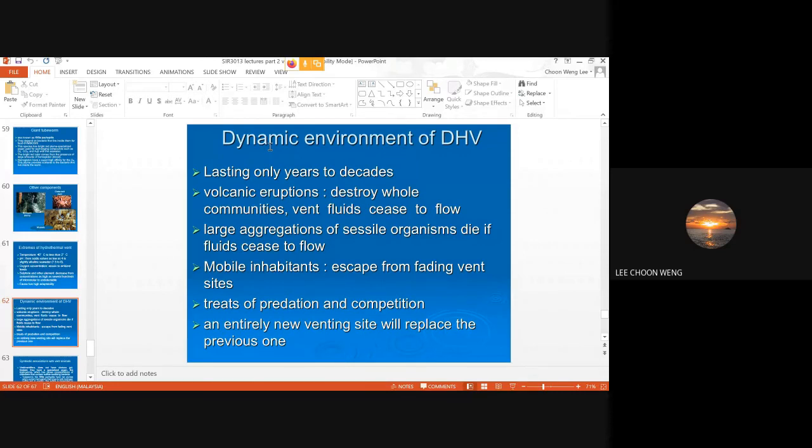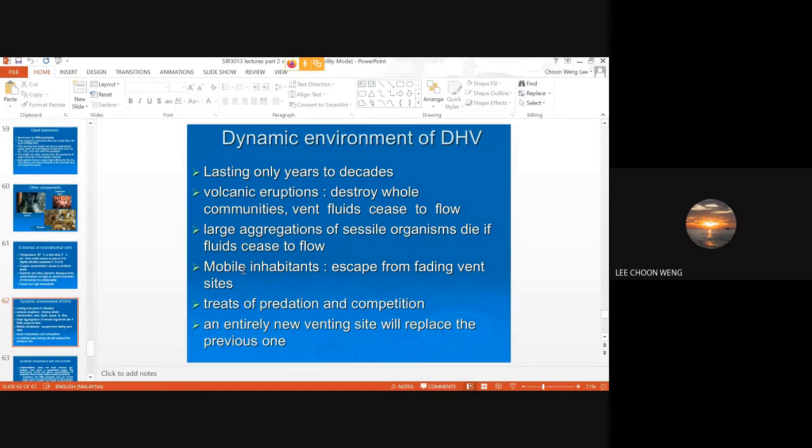Okay, so once the fluid ceases to flow, the sessile organisms will die. Sessile organisms are organisms that are stuck at the chimney. They don't move, as opposed to the mobile inhabitants.